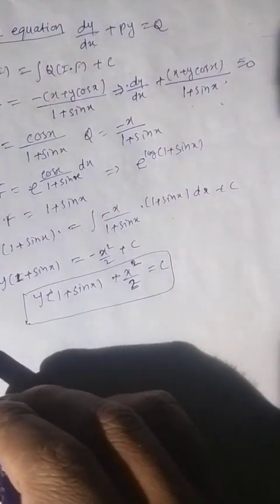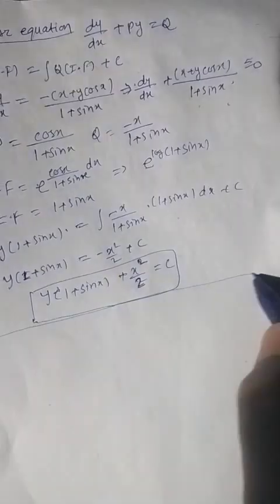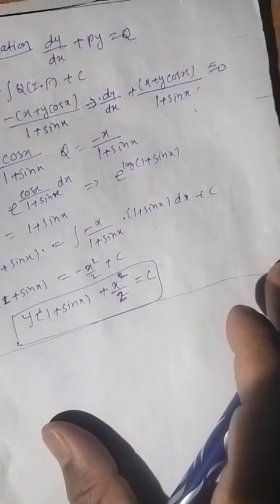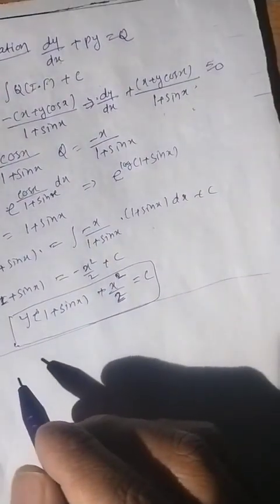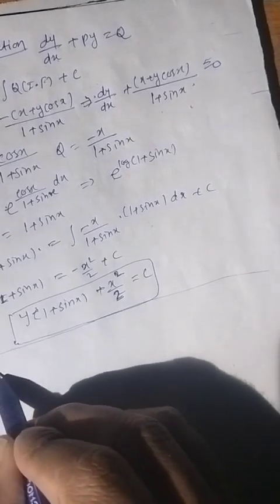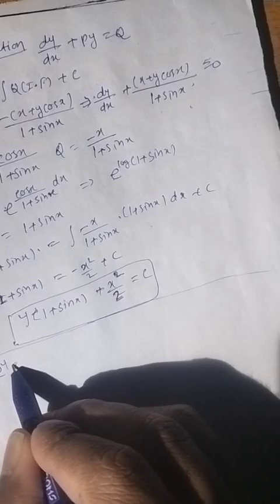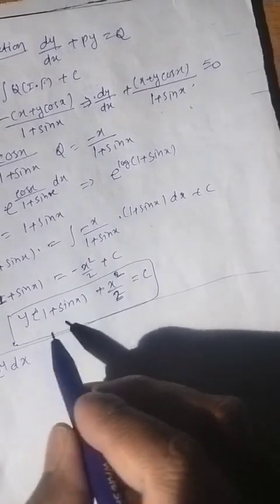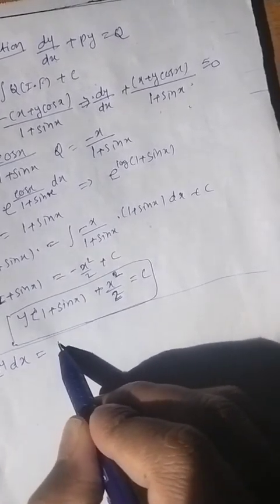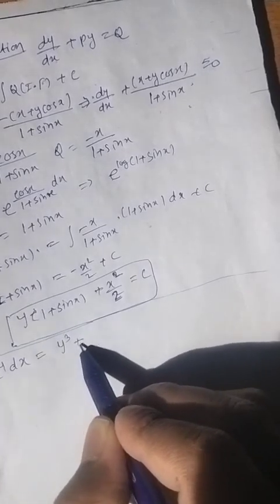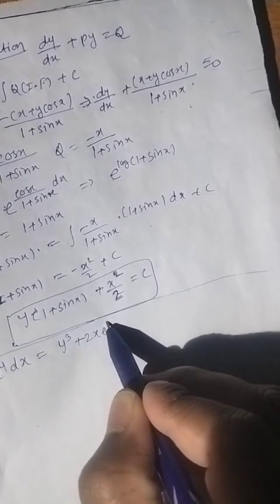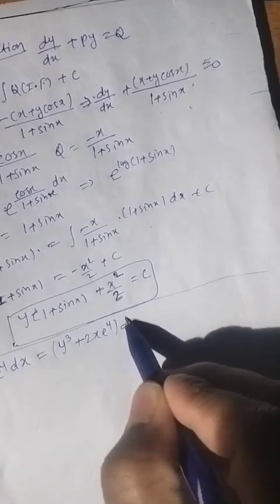Let us look at another example. y e raised to y dx equals y cube plus 2x e raised to y dy.